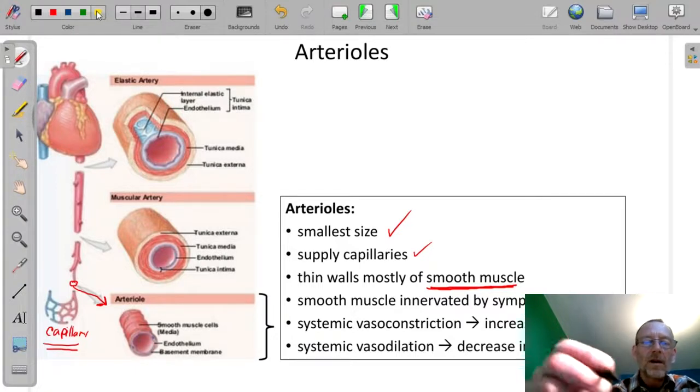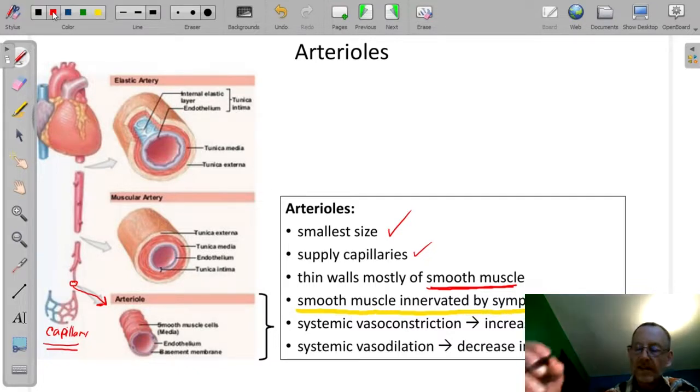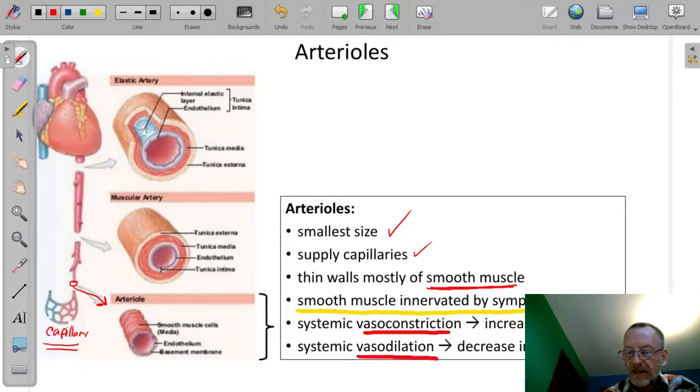And note, hopefully this should sound familiar from last quarter, smooth muscle is innervated by the sympathetic division of the ANS. And this is what allows us to do vasoconstriction and vasodilation. And those two together affect blood pressure.